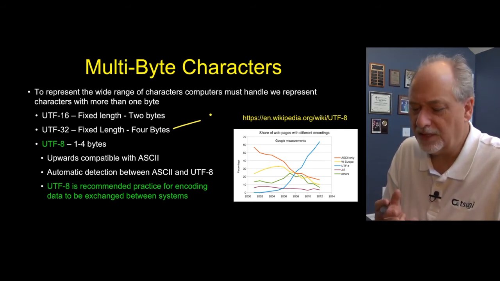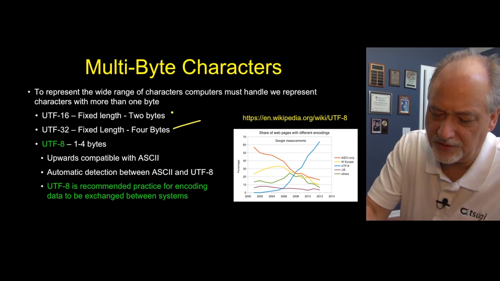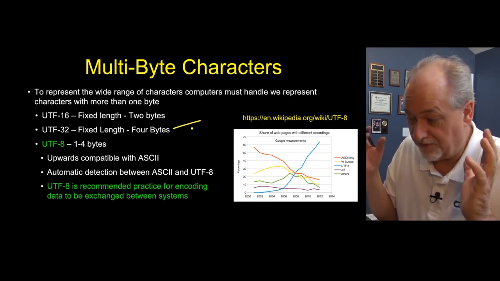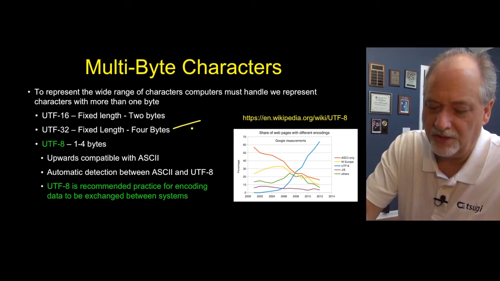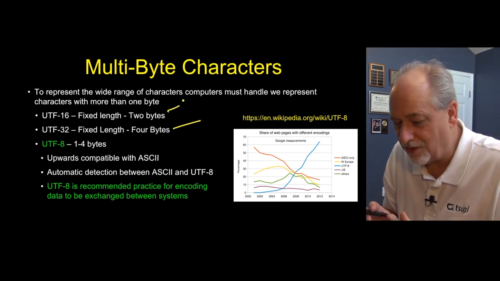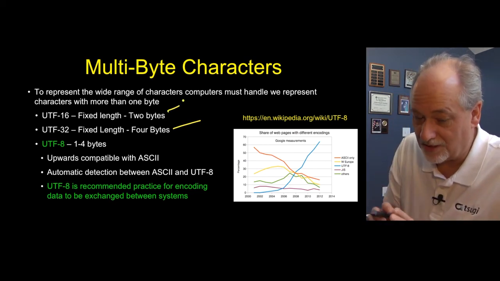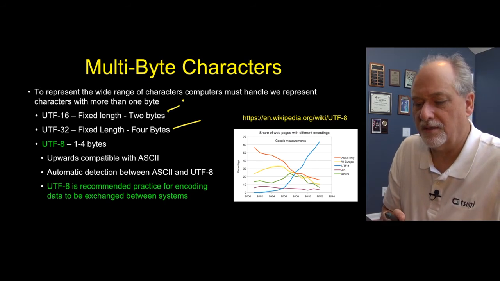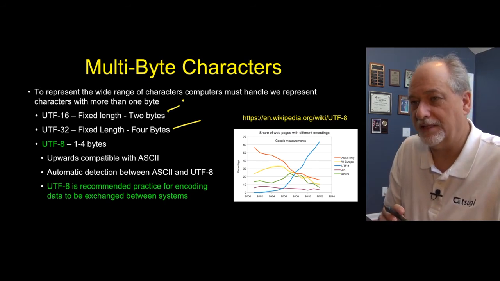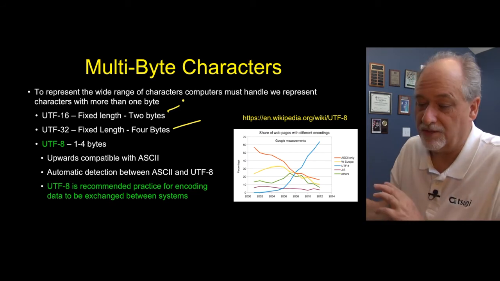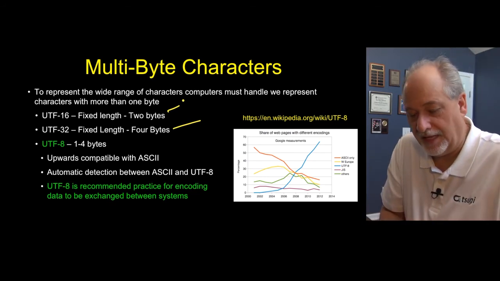UTF-32 is really sort of the full Unicode, pretty much. UTF-16 is a subset of Unicode, used in some countries, but the best practice for moving data across the internet, or in a file that you're going to move between computers, is what's called UTF-8.